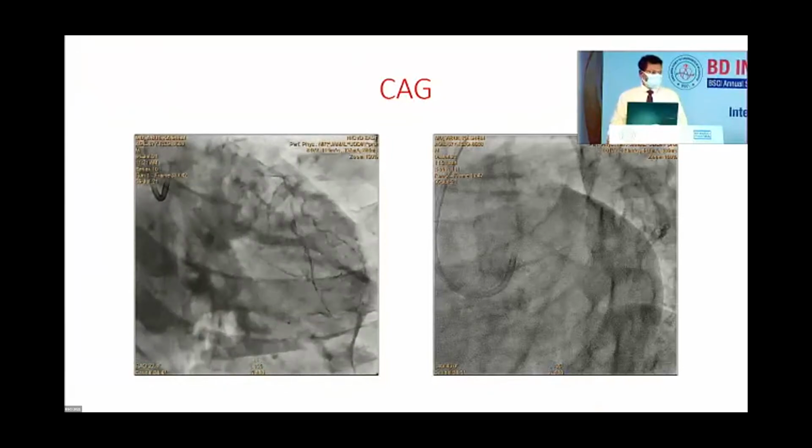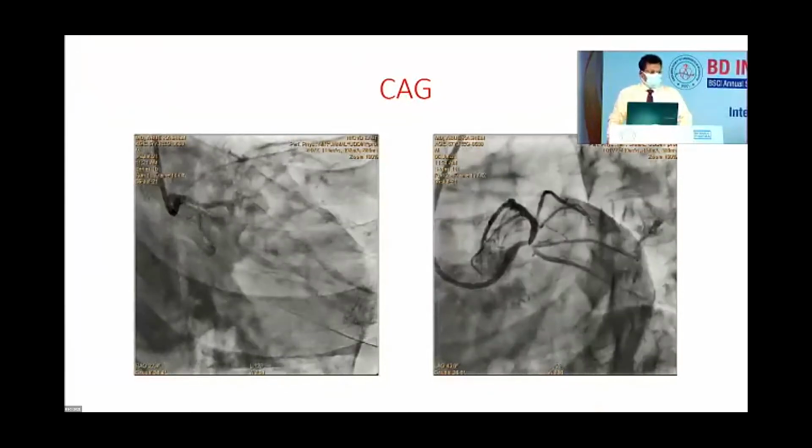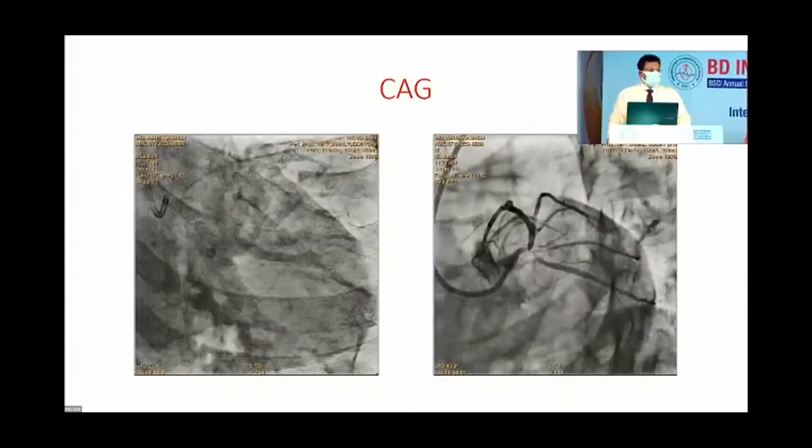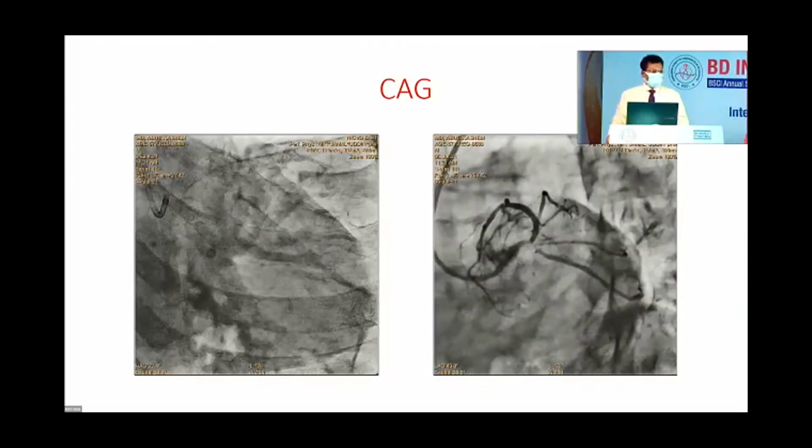Are you seeing the angiogram clearly? Yes, but the screen is very short. Can you make the view bigger? If you use your laptop, then you will see the bigger one. I think, Mahbub bhai, you can double click over the screen, that will come bigger.